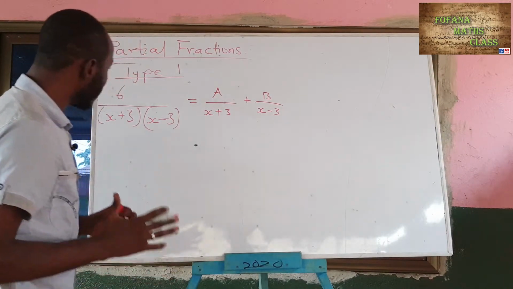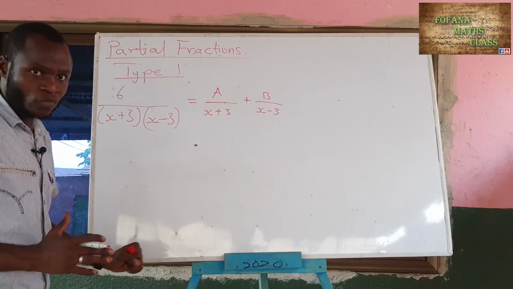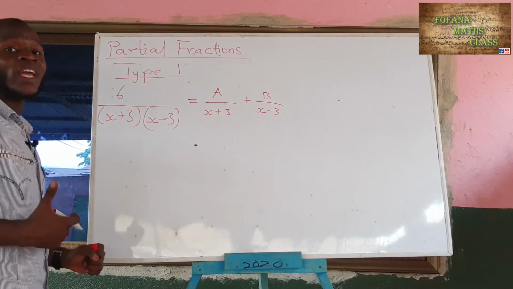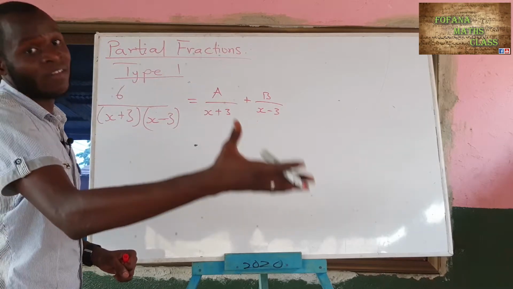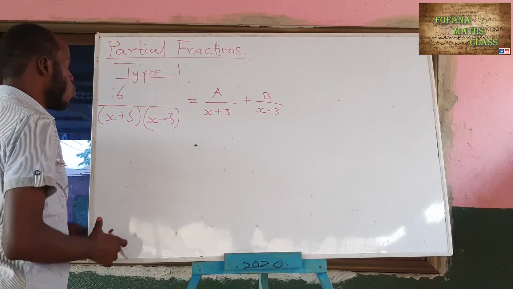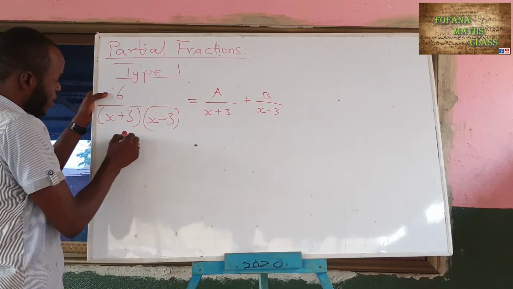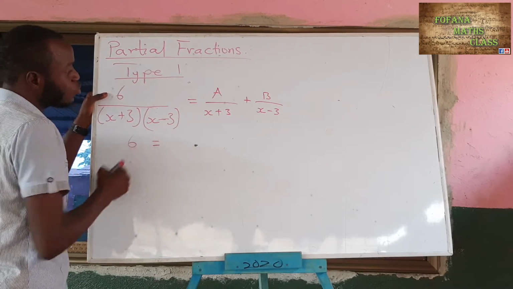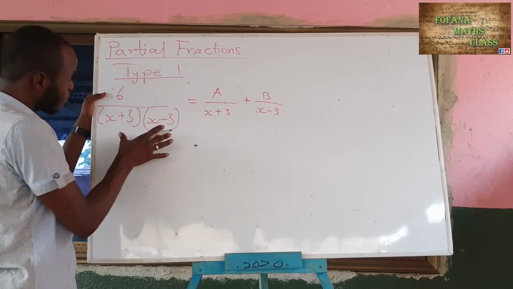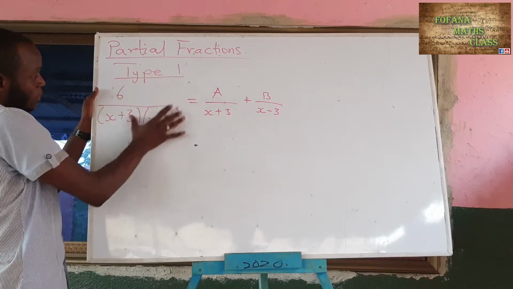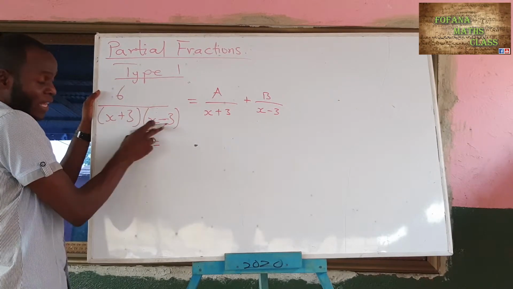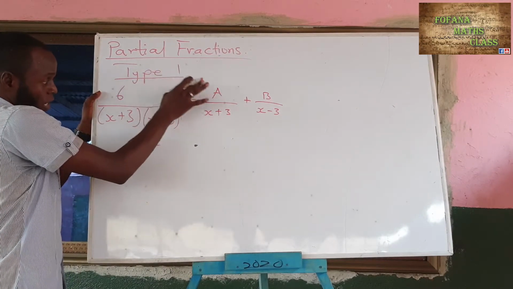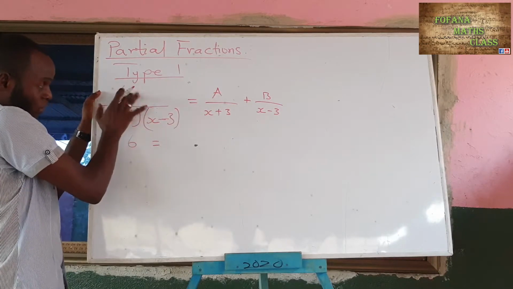Since we know what we have to do, and we know the result we are going to arrive at, we will take the numerator here, which is 6, and equate it to the following. Since the LCM is x plus 3, x minus 3, when we use it to multiply the whole of this, the x plus 3 and x minus 3 cancel out, and we are left with the 6.